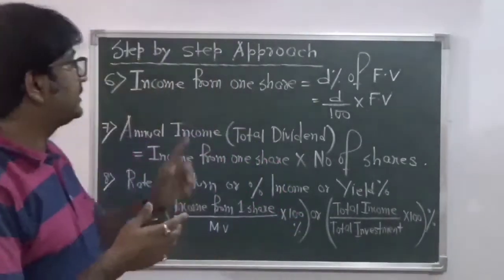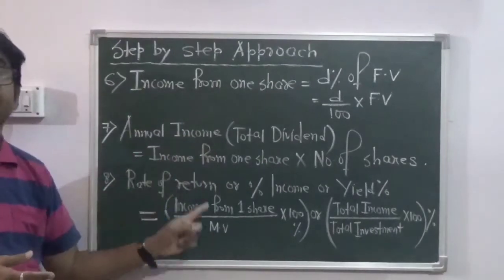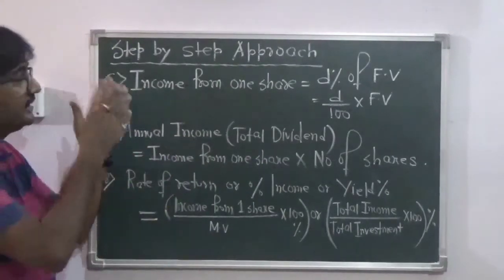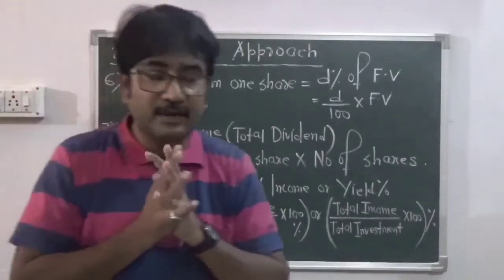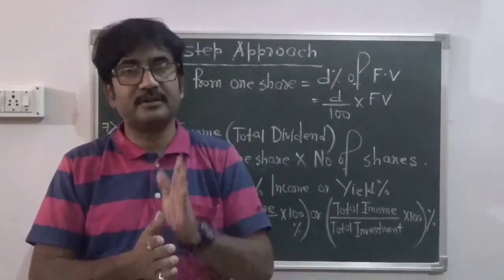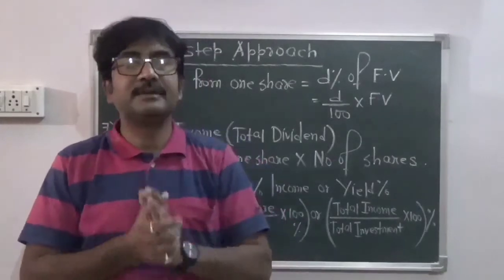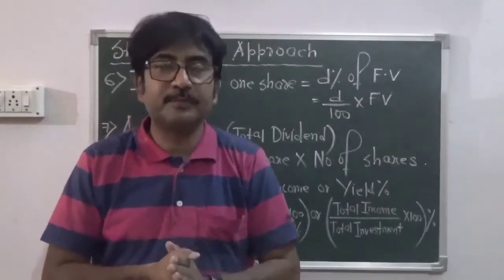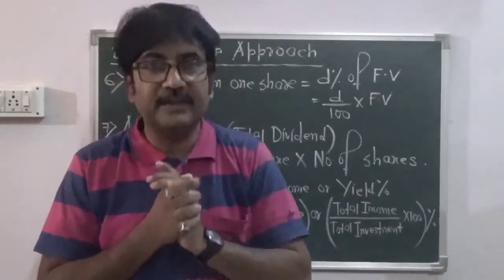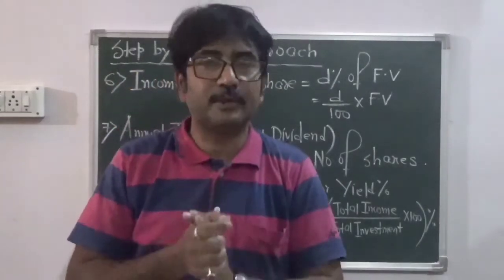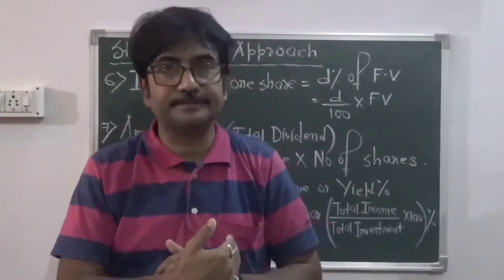From there, the total dividend and the dividend percent. So this is the skeleton of the approach of how to solve the problems based on shares and dividend. Now we will see some formulas, how to calculate the values, how to go ahead with solving the problems on shares and dividend.